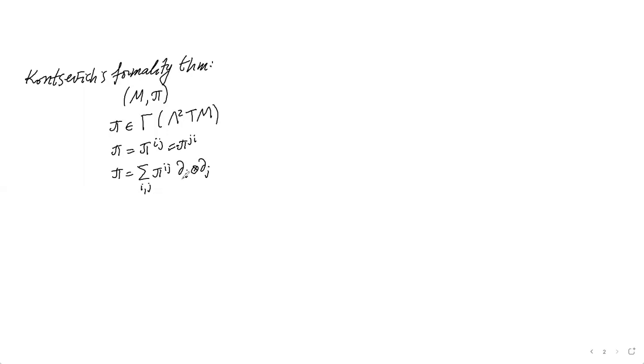So this notation is more or less clear from what I have just said. So anyway, you have this bivector, and then the condition we want is that the following formula actually gives you a Poisson bracket.